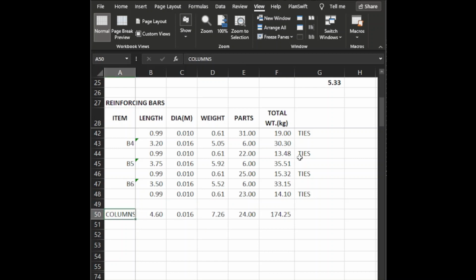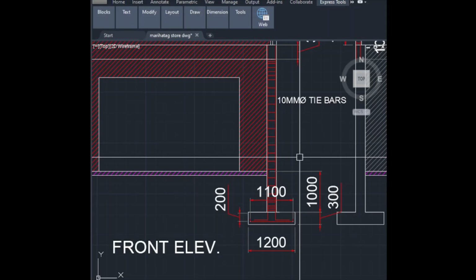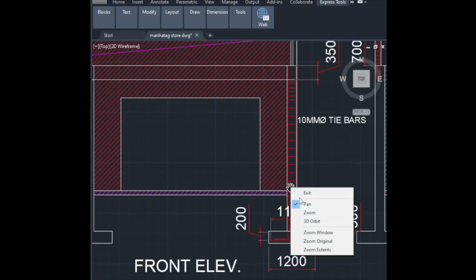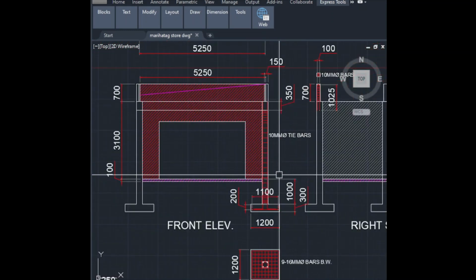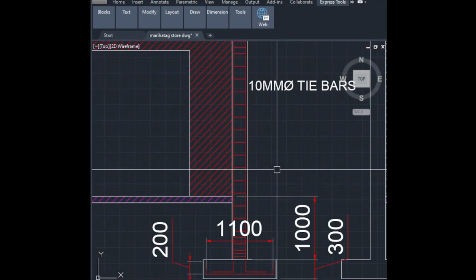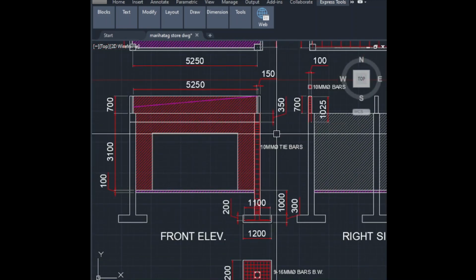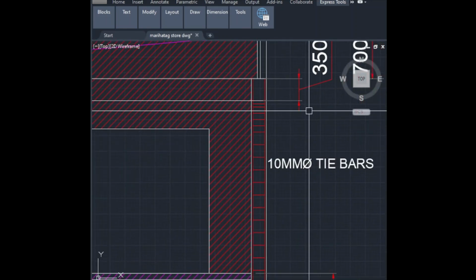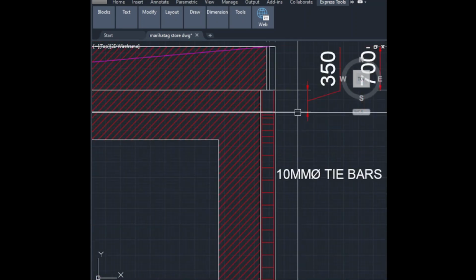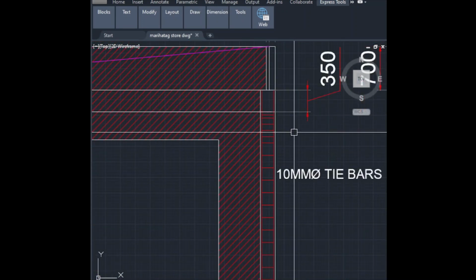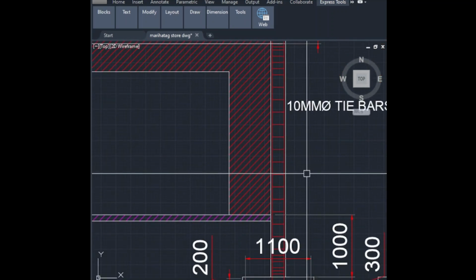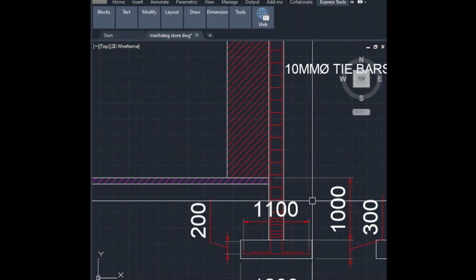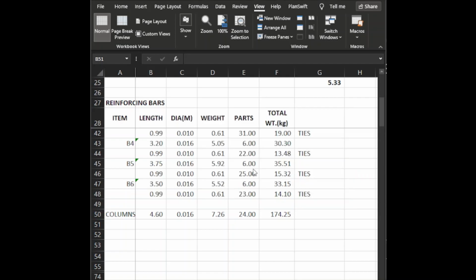No need to calculate again every length. So the number of tie bars, you just count this one. You can make a formula, but this one is the same for all columns, so we just count this one: 2, 4, 6, 8, 10, 12, 14, 16, 18, 20, 22, 24, 26.